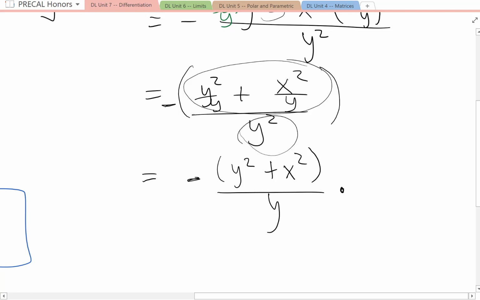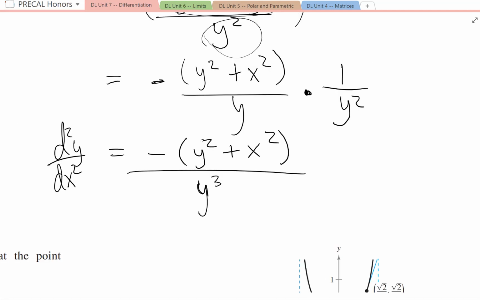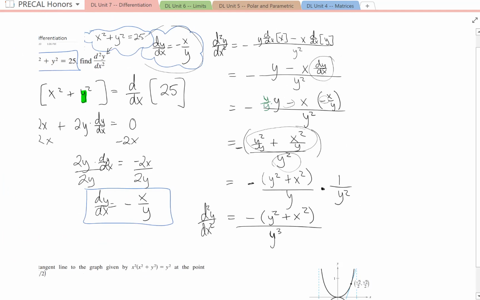So instead of dividing by y squared over 1, I'm going to multiply by 1 over y squared. Negative y squared plus x squared over y cubed. At our final step, we look and see if there are any other special relationships that we could substitute in to simplify this further.